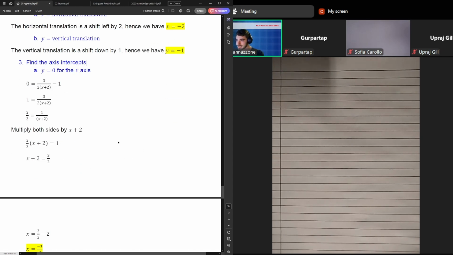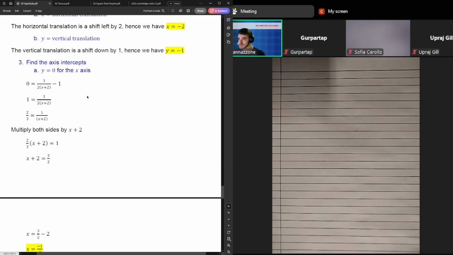Next up, axes intercepts. Without any restrictions on your domain, your function should have both an x and a y intercept, guaranteed. For the x-intercept, as always for any graph, you set y equals 0 and then rearrange. This literally ends up being a linear equation.